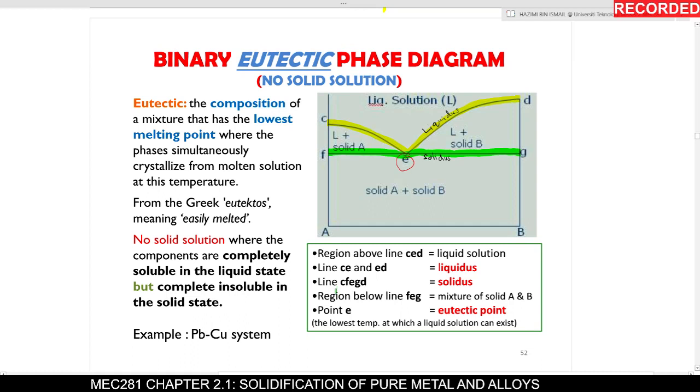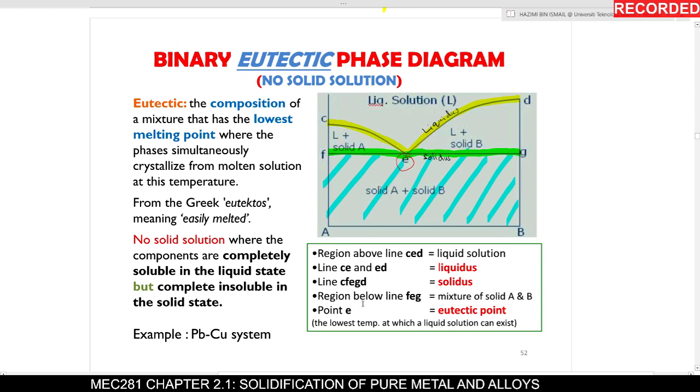Then the region below line FEG, this one. In this region, as stated here, is the solid phase, and for this binary eutectic phase diagram we have two types of solid: solid A and solid B. Here they exist completely solid and insoluble, cannot be mixed.